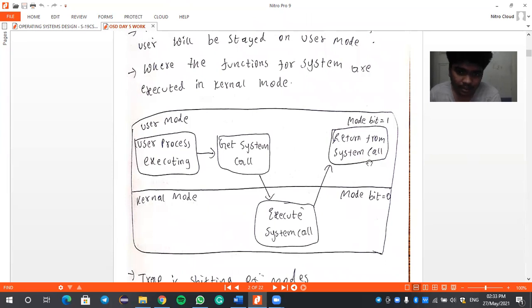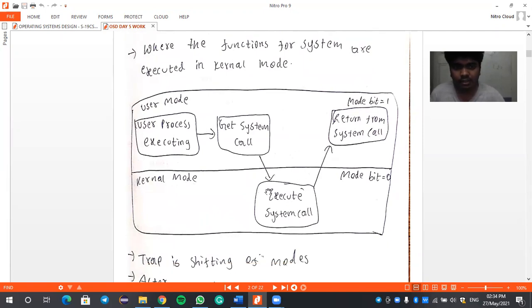Now we can see the whole operating system is divided into two parts. I think in our earlier videos I discussed this roughly, so let me go in depth. The upper part is the user mode, which the user can see or access, the place where the user can pass commands and work.